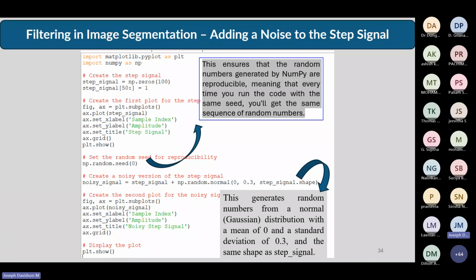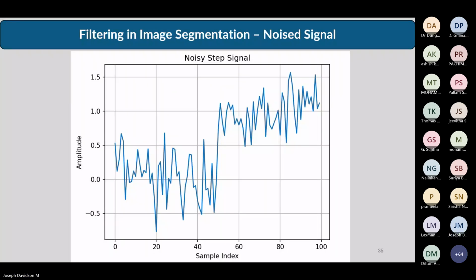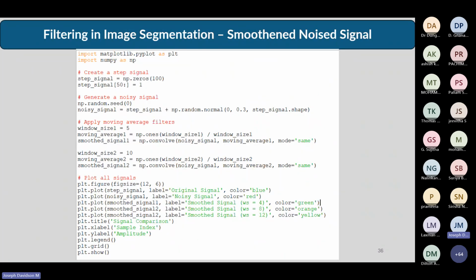Otherwise, this code has a signal that is auto-generated by the third line of the command. Then we add some noise to it. The previous step signal has now been distorted. Now I want to smoothen it, as with the blurring I mentioned some time back. Similarly, I want to apply certain filters to smoothen it.